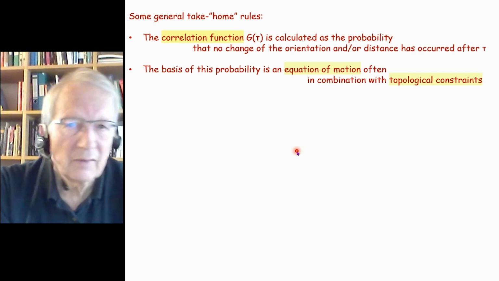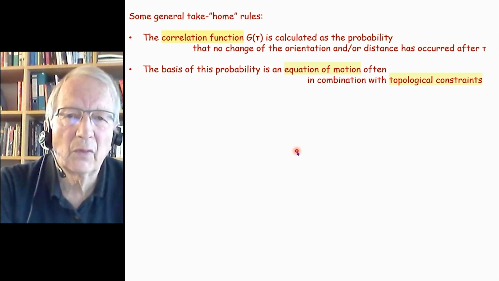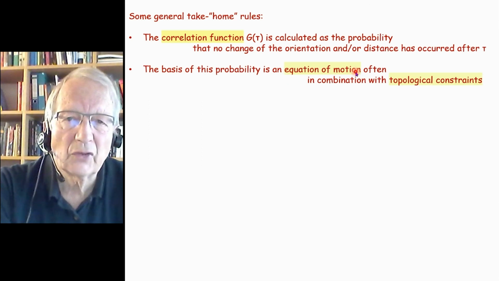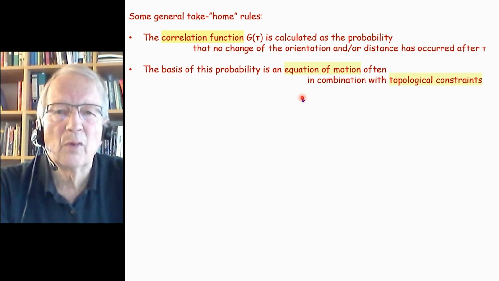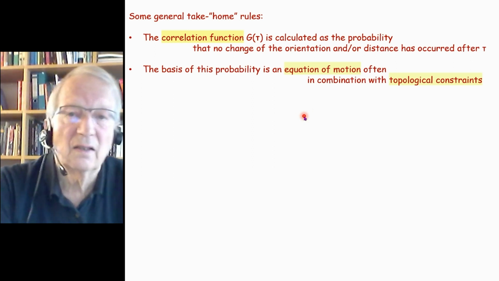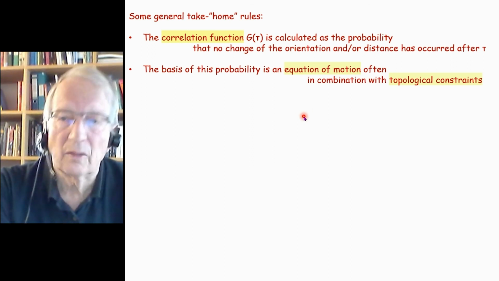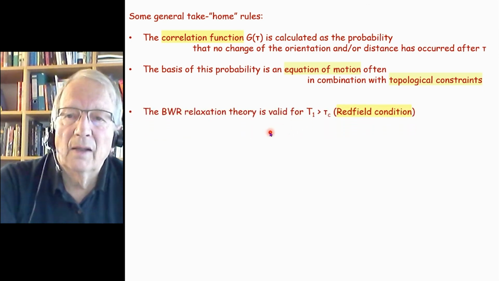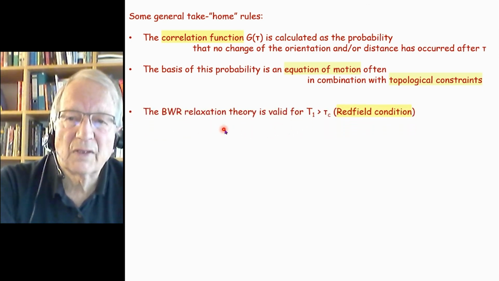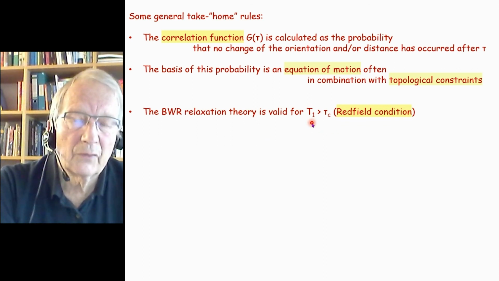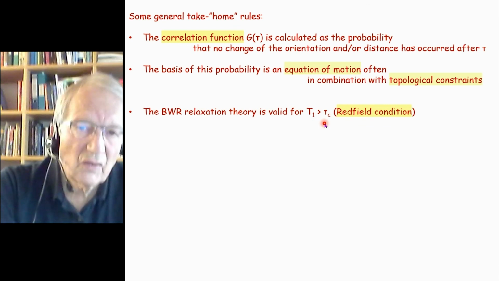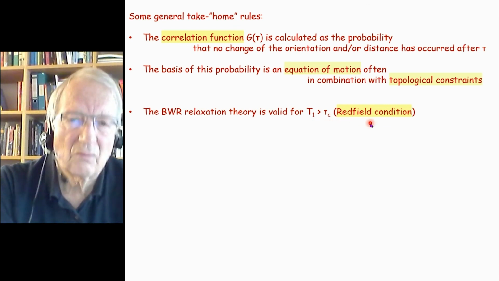We have two sources of information about the process. The equation of motion can be a diffusion equation, this convective diffusion equation, or an equation of motion for elastically coupled molecules, and so on. The Bloembergen-Purcell-Pound theory is valid only for spin lattice relaxation times larger than the correlation time. It's just the Redfield condition.